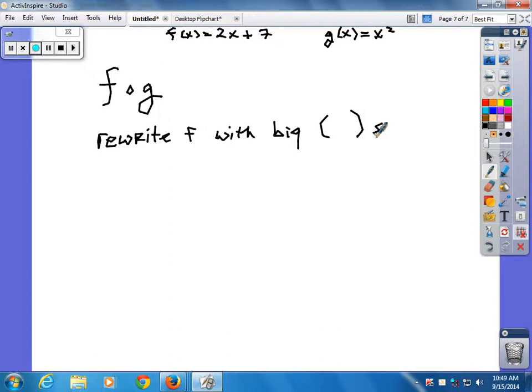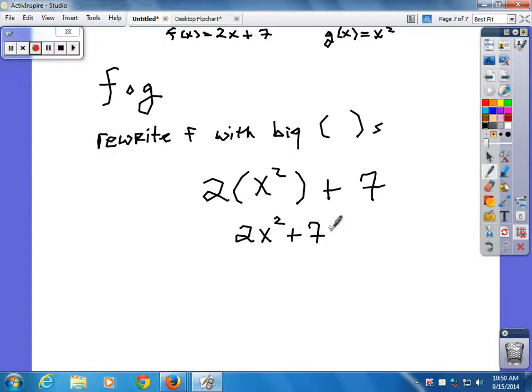So rewrite f, so that's 2 parentheses plus 7. And what am I going to plug into that parenthesis? g of x, which is x squared. And then you get 2x squared plus 7. So f composed of g is 2x squared plus 7.